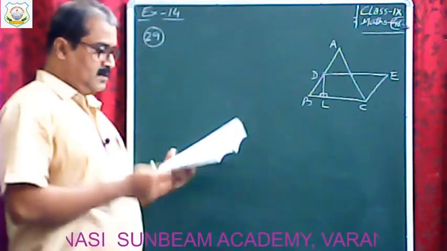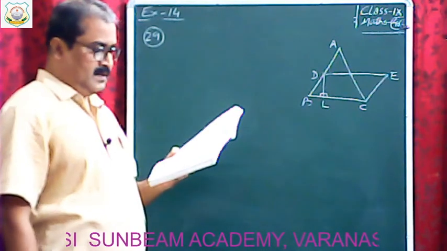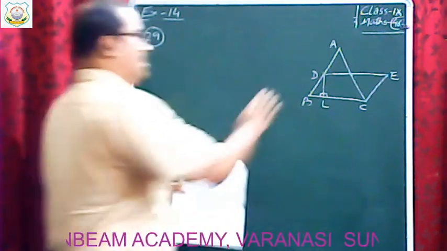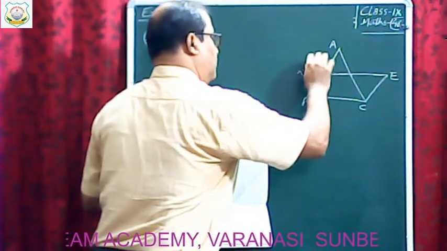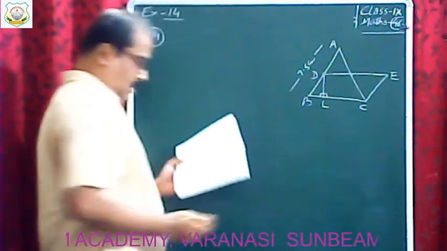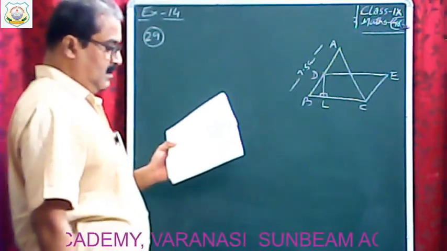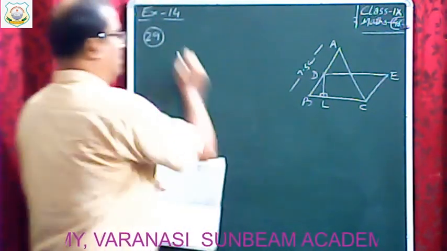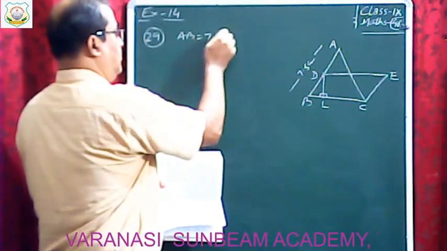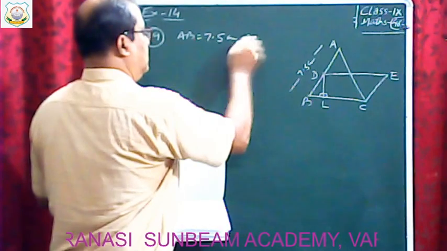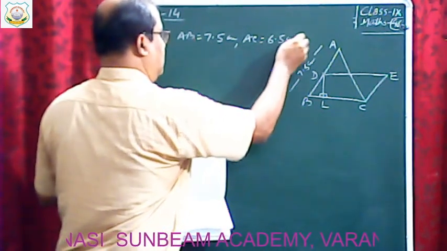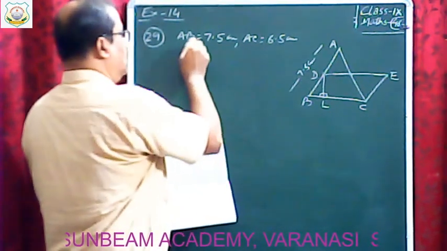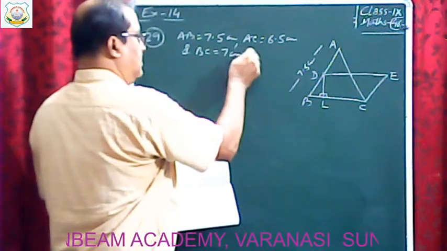Okay. And the question: a figure ABC has been given in which AB equal to 7.5 centimeter, AC equal to 6.5 centimeter and BC equal to 7 centimeter.